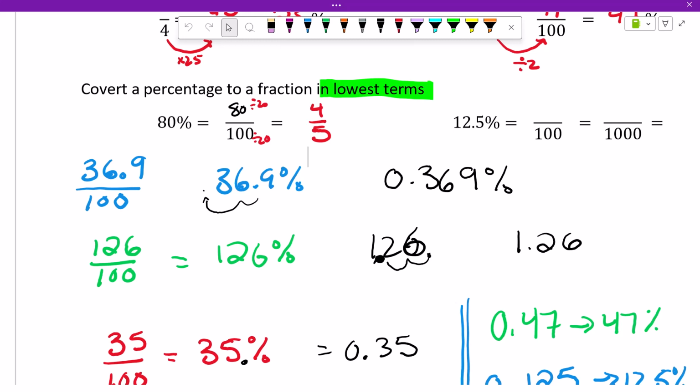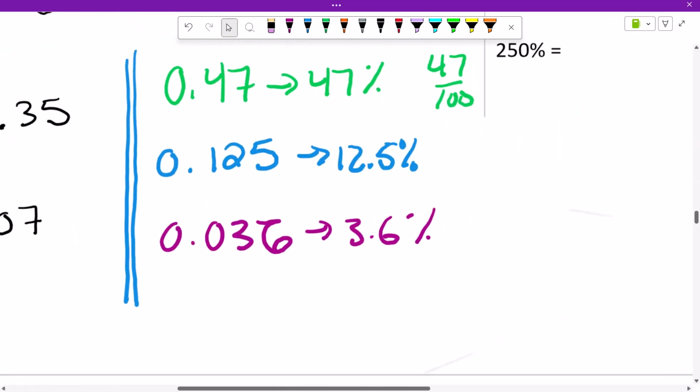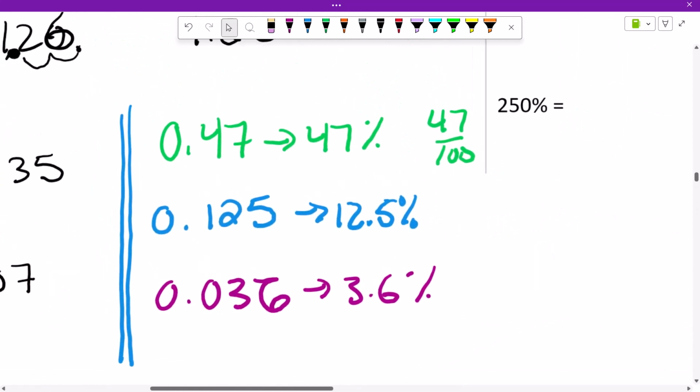Your answer is like 0.369, no percentage symbol. That's just your decimal. You guys remember that? And if I gave you a decimal and I wanted you to figure out the percentage, you move it 2 spots to the right. And that's your 47%. Then you can create your fraction pretty easily.